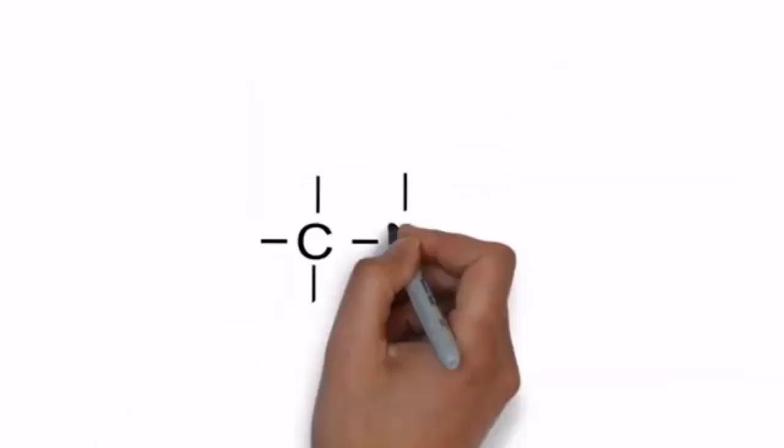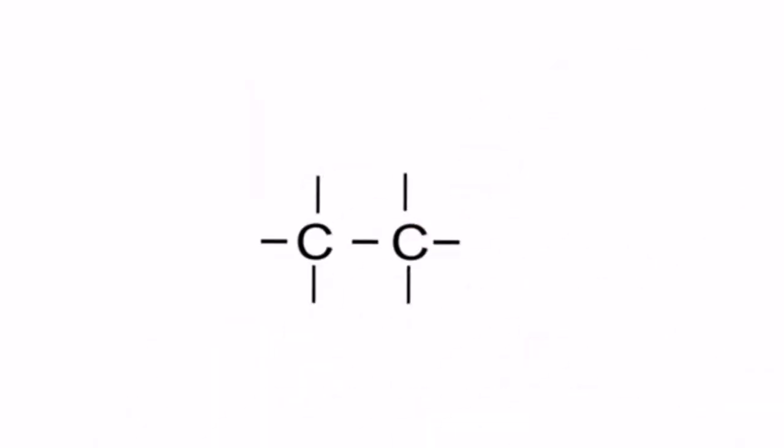Look at these two carbon atoms. They share the middle single bond. Then each one of these two is surrounded by 4 bonds.